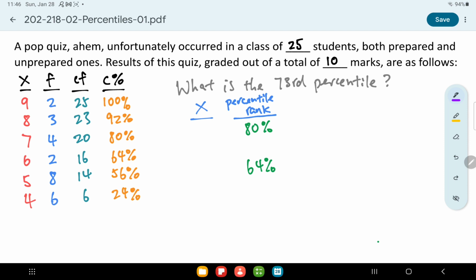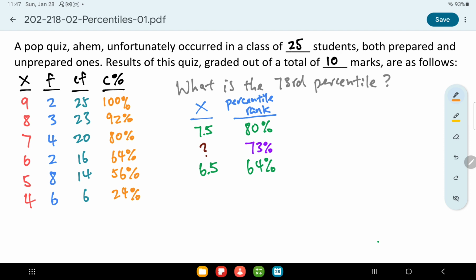Let's just quickly indicate this. 73. And 80% and 64%, they correspond to, respectively, 7.5 as well as 6.5. And again, with this question, we're trying to figure out what x is right here, right where the question mark is.